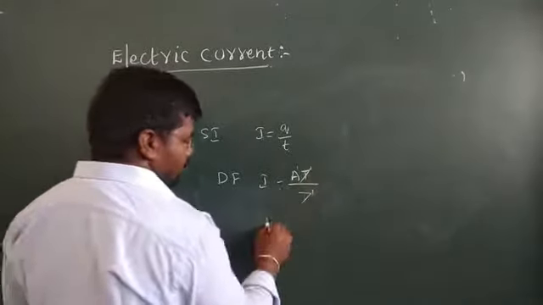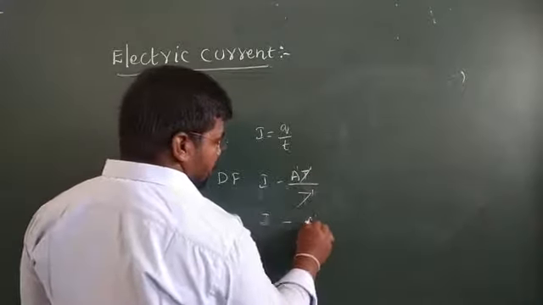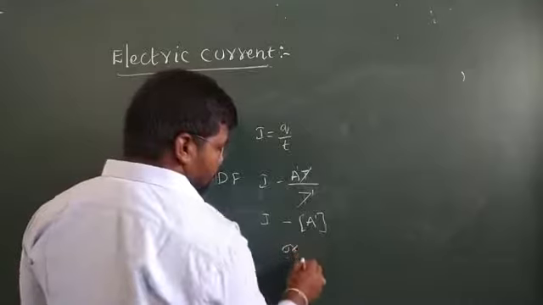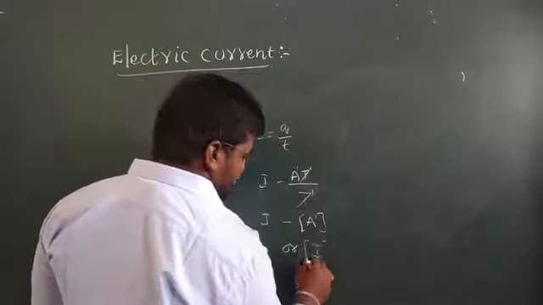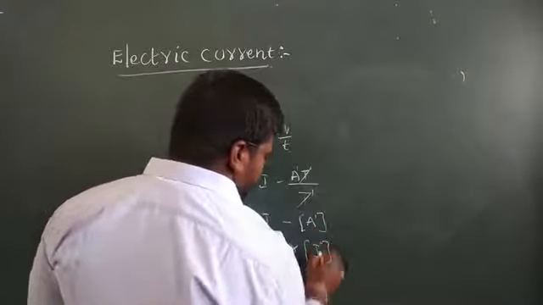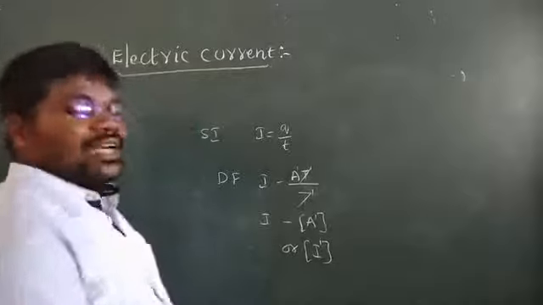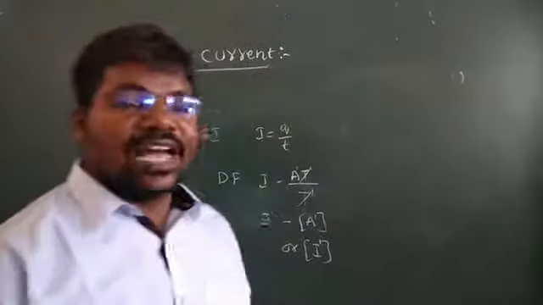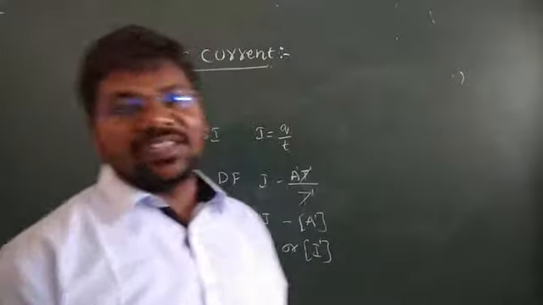The dimensional formula for current is A power 1, or in some books I power 1. This is the dimensional formula of electric current.